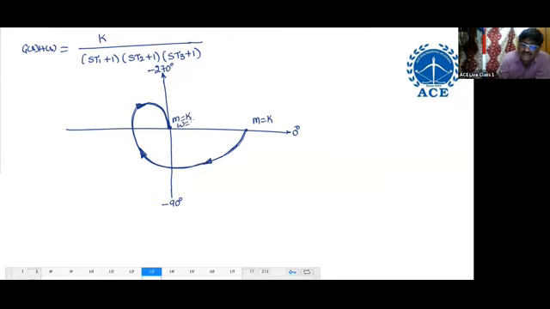Omega, minus 180. So here what happened? This is omega equal to 1 by root of tau 1 tau 2 plus tau 2 tau 3 plus tau 3 tau 1 radians per second.